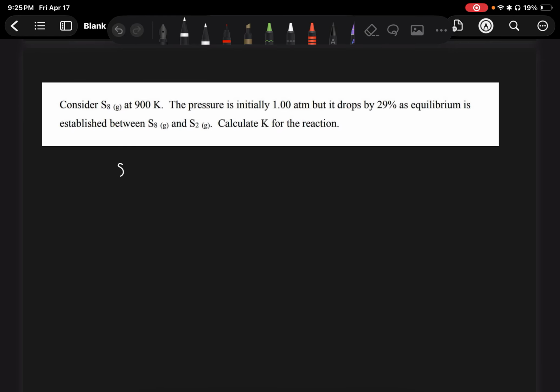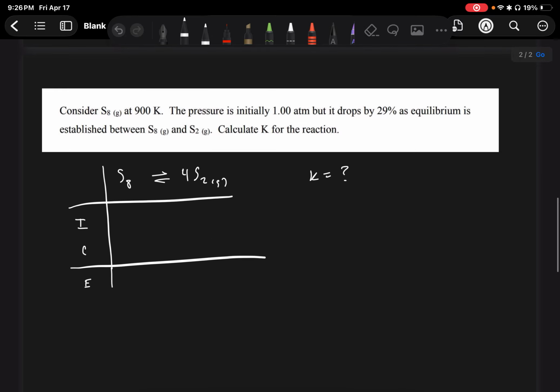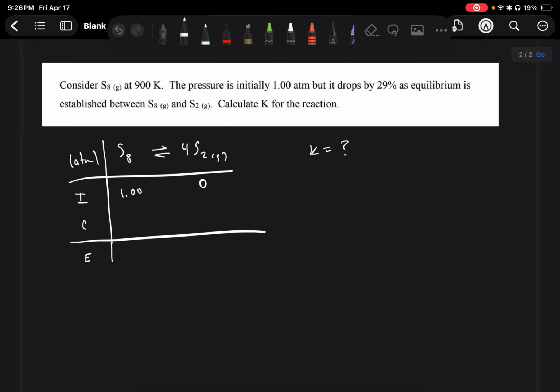Okay, what's the reaction? Okay, equals question mark. ATM. %. By 29%.